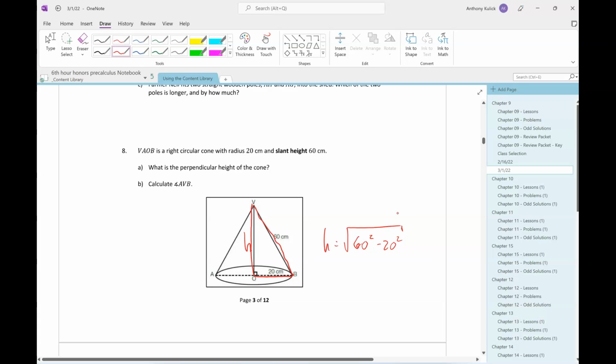You cool, though? Okay. And then for part B, it asks for the angle AVB. So what I'm going to do is observe that because this is an isosceles triangle, those two angles are congruent. So I'm just going to say that angle AVB is equal to 2 times angle OVB. And angle OVB is inside of a right triangle, so I can use sine inverse of opposite over hypotenuse.